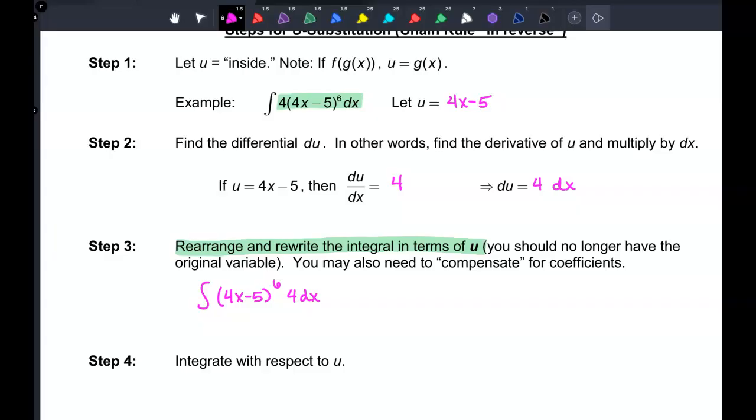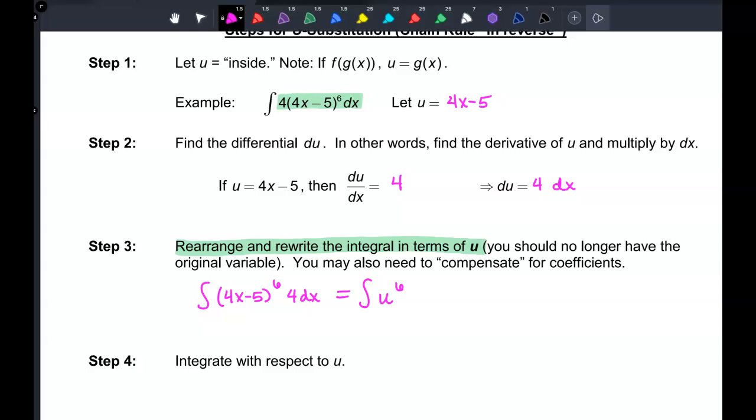Now I want to get rid of all the stuff with x, and I want to simplify this to make this an easy function that we can integrate. Well, 4x minus 5 is u. So I can make that u to the 6. And what happens with the 4 dx?